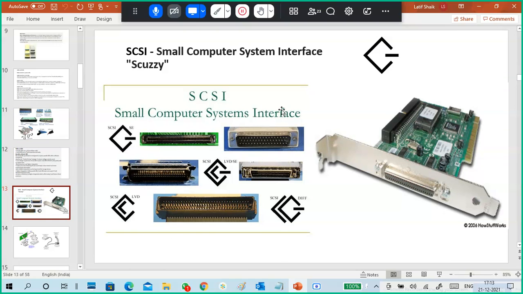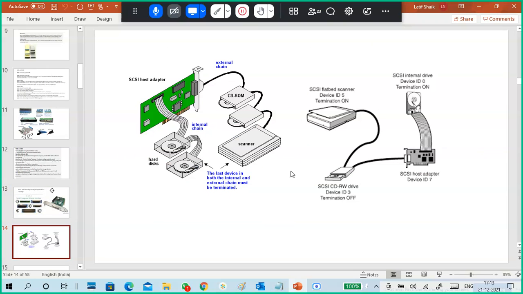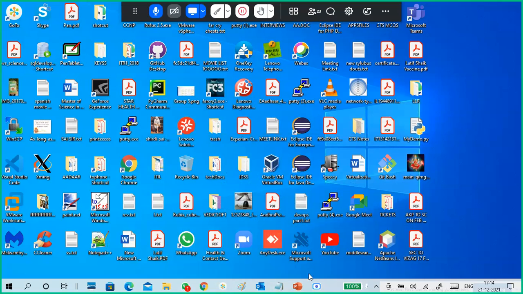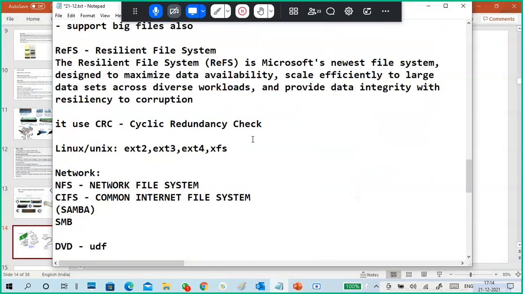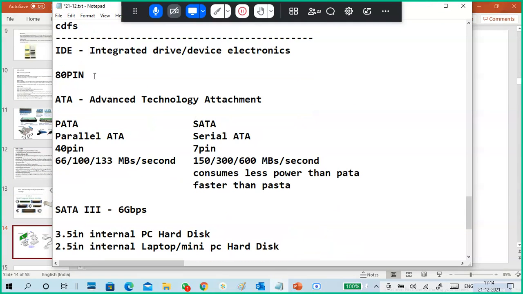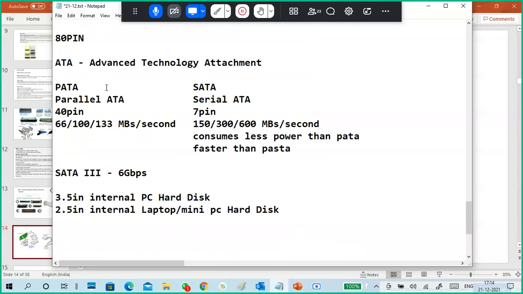We'll see what this SCSI is. It has a little bit of a story. So what have we completed? Here we completed the advanced technology attachment items, SATA and PATA.